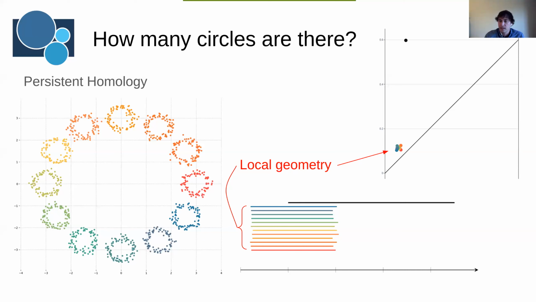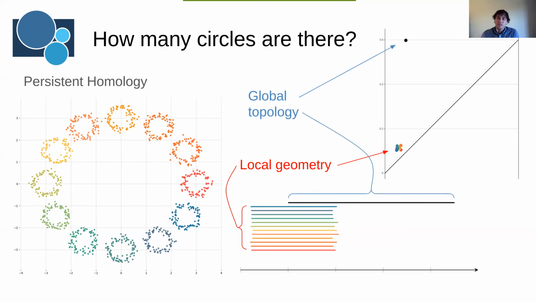But my point is this: the persistence diagram captures both of these multiscale features. It sees the local geometry of the 12 circles, and it sees their global organization as well. You can read both pieces of information off of the persistence diagram. So this is why we use persistent homology to study multiscale geometry, because it allows us to do exactly this.